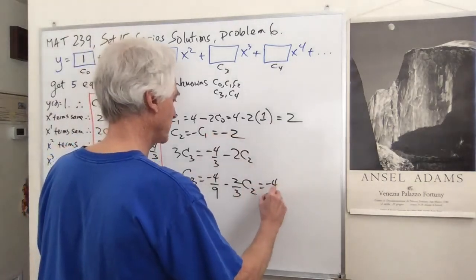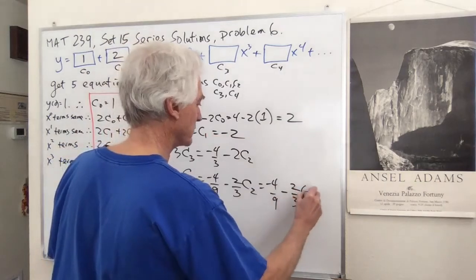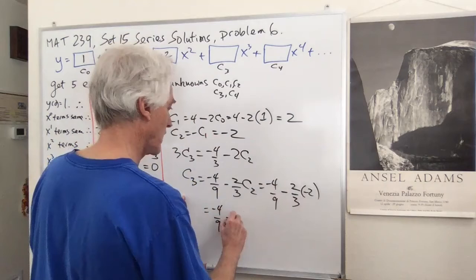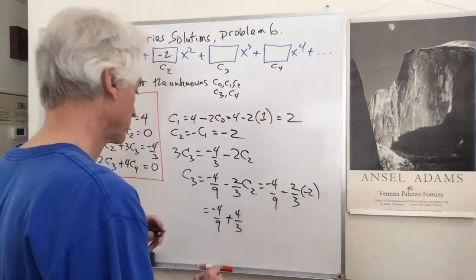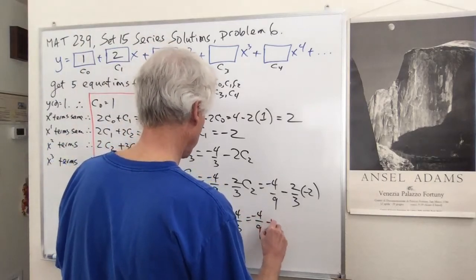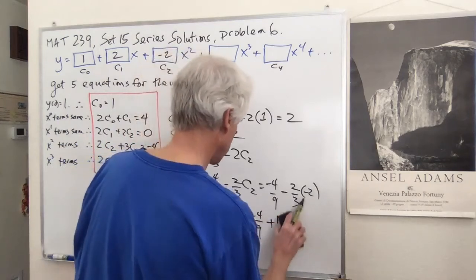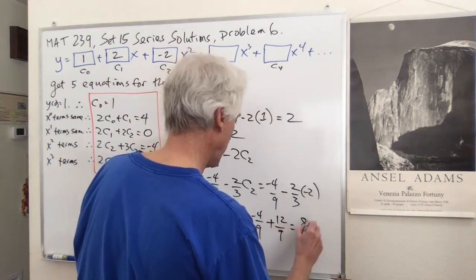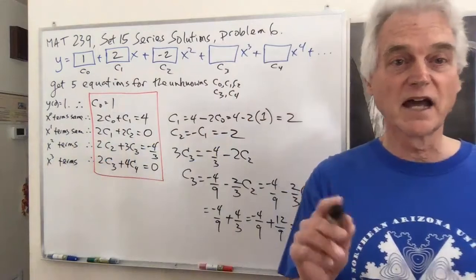So this is minus 4/9 minus 2/3 times -2. That's minus 4/9 plus 4/3. So this is going to be minus 4/9 plus, multiply top and bottom by 3, 12/9. That's going to be 8/9. Okay. All right. So then you write in 8/9 and check if you got it right.